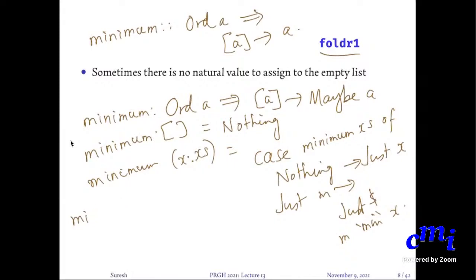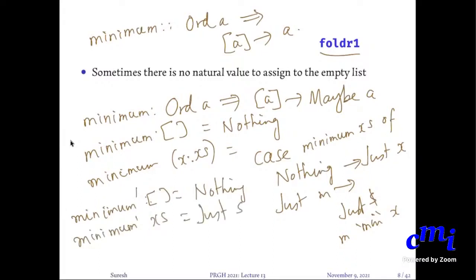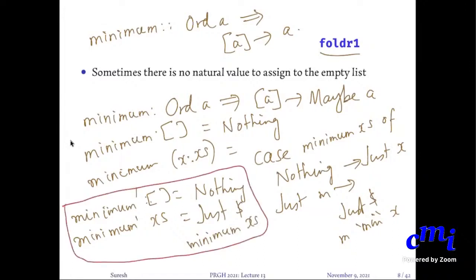If you want to do, minimum prime, let me call it, of empty list is nothing, and minimum prime of xs, I know that xs is non-empty, therefore I can just say Just of foldr1 of min on xs.